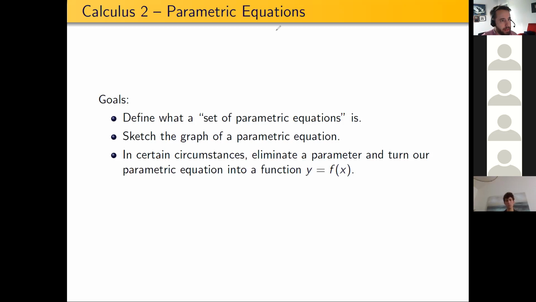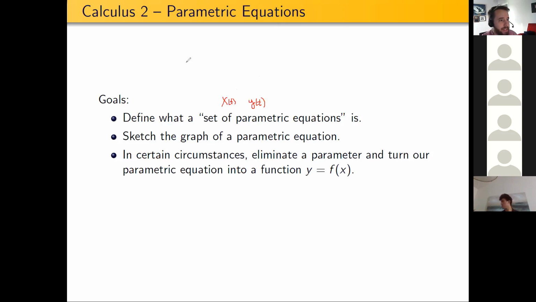A set of parametric equations is a pair of two equations typically written as x of t and y of t. In this case, that number t is said to be the parameter.